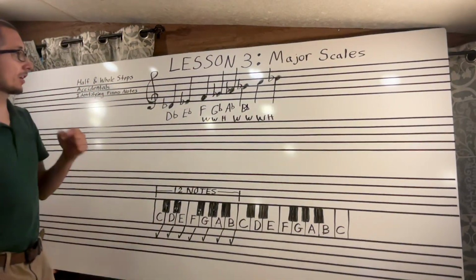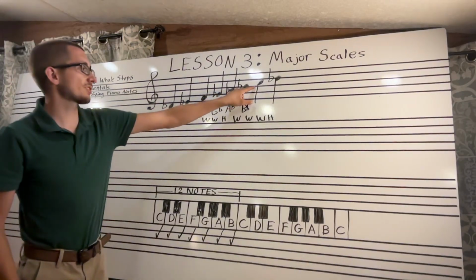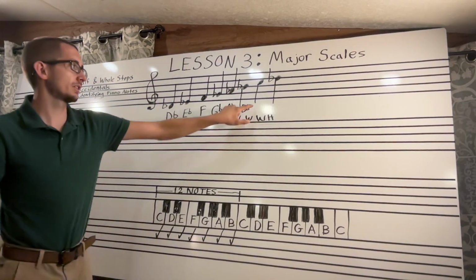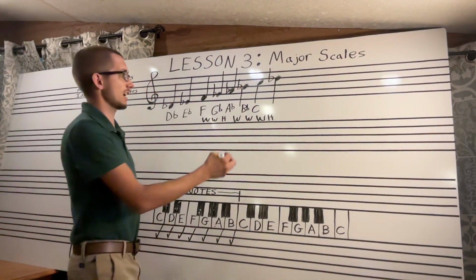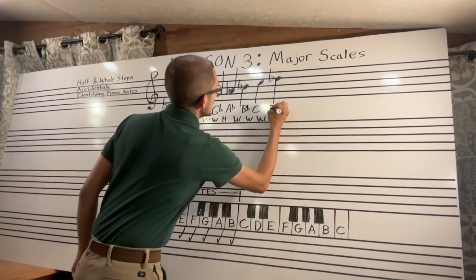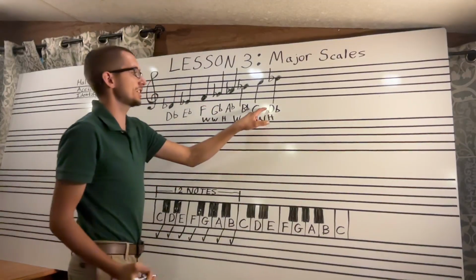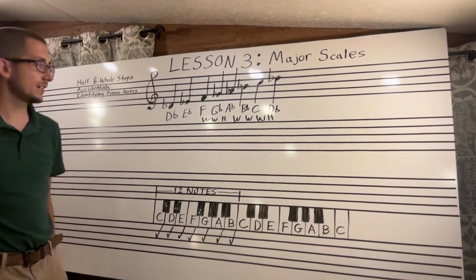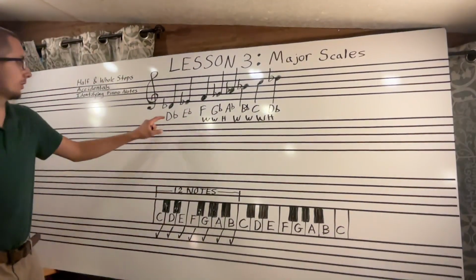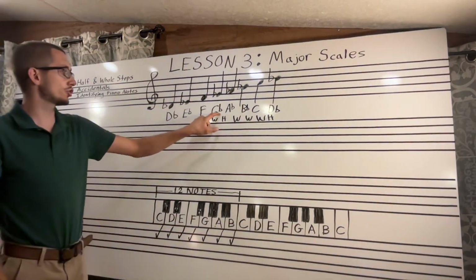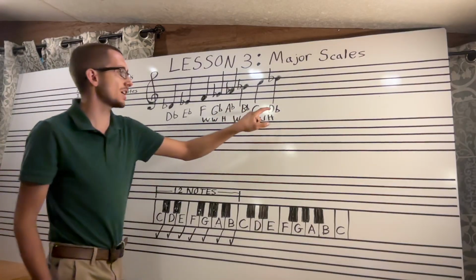So B flat will be our next pitch. B flat to C, is that another whole step? Yes, it is. So we don't need another flat sign next to that pitch. And then, of course, we end it with another half step. C to D flat is a half step. So that is our D flat major scale. D flat, E flat, F, G flat, A flat, B flat, C, and D flat.